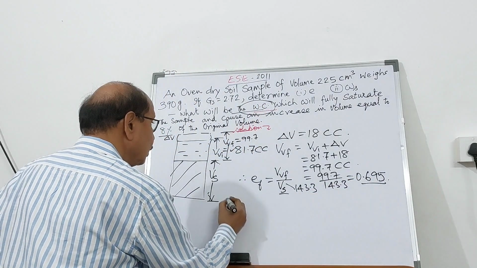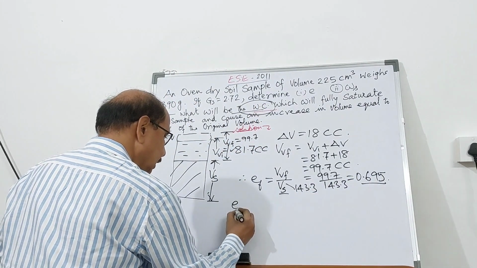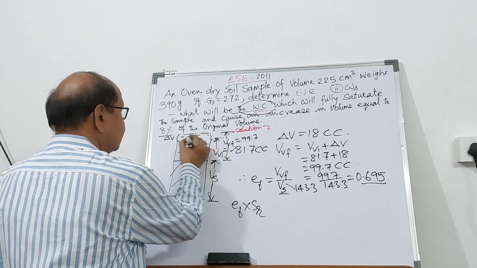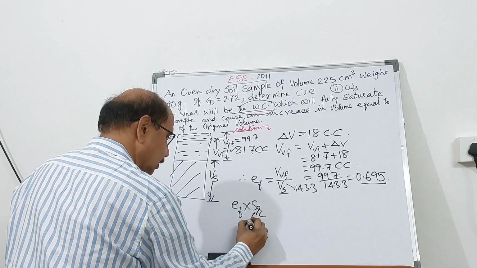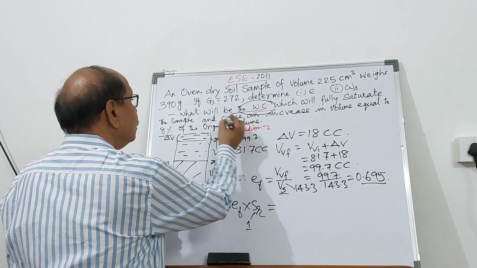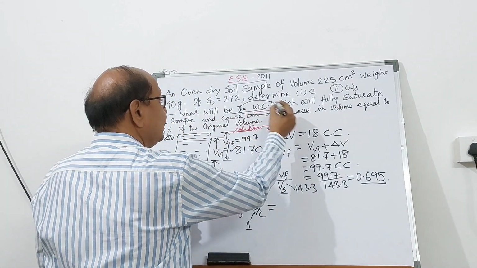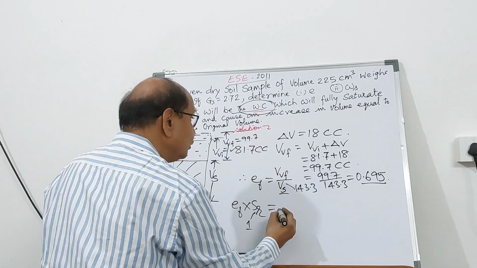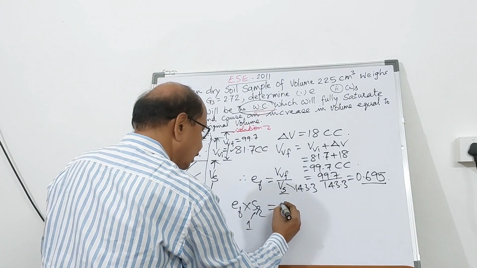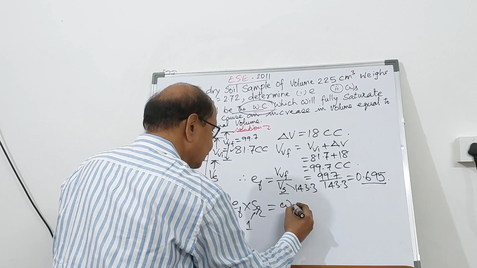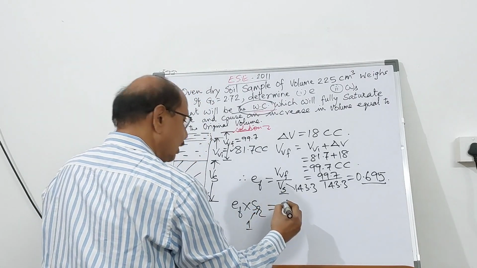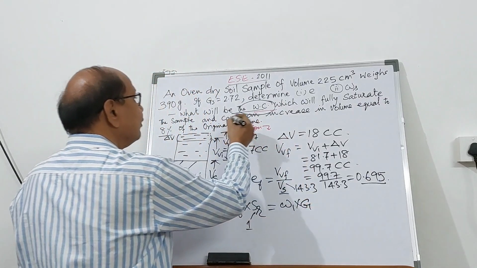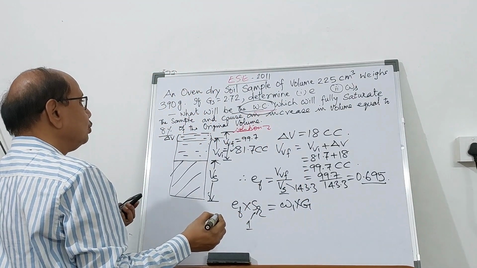So now, if you use e_f equals degree of saturation into water content times G, it is fully saturated, so S becomes 1. The water content which will fully saturate the sample and cause the increase in volume, let's say it is W1. So W1 into G, and G is already given in the problem as 2.72.